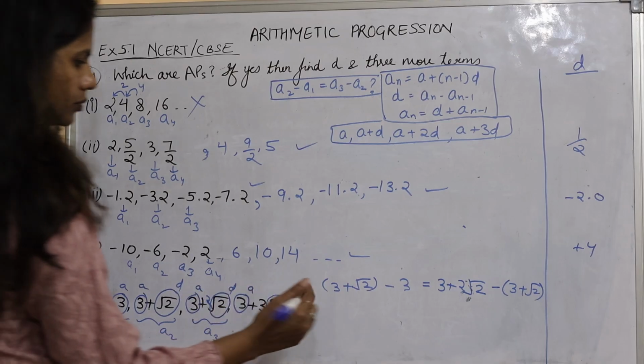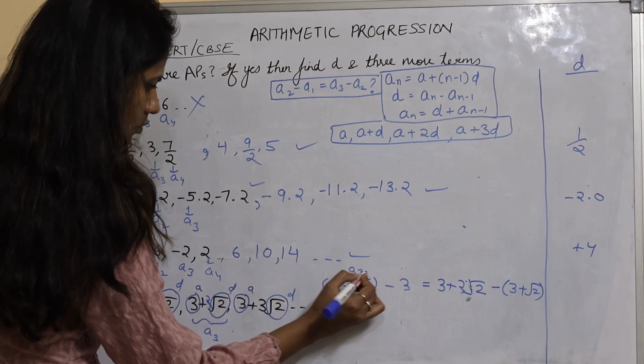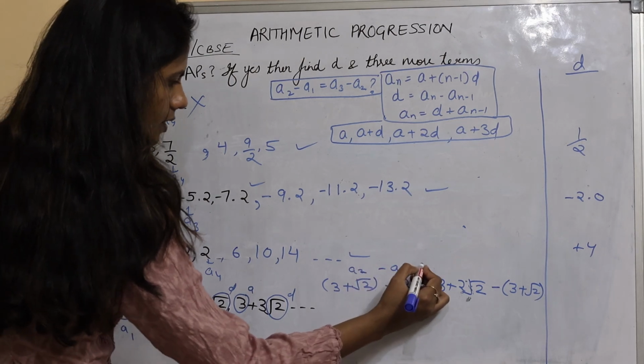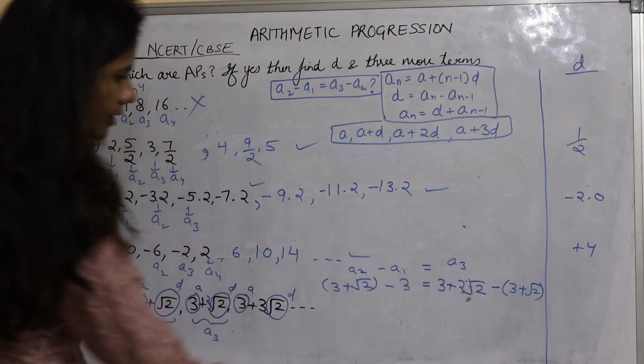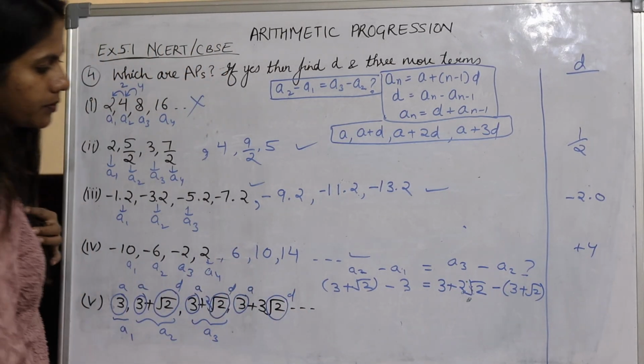This is A2 minus A1 is equal to A3 minus A2, or not.